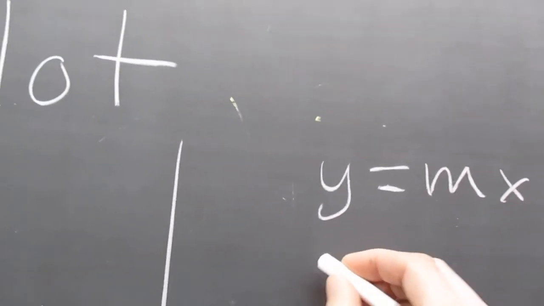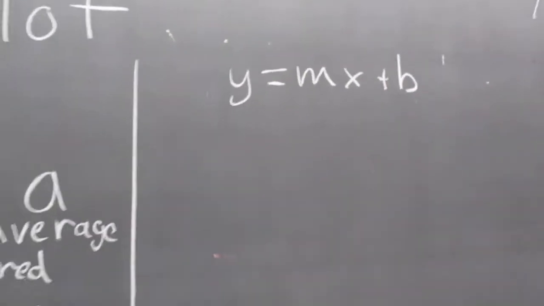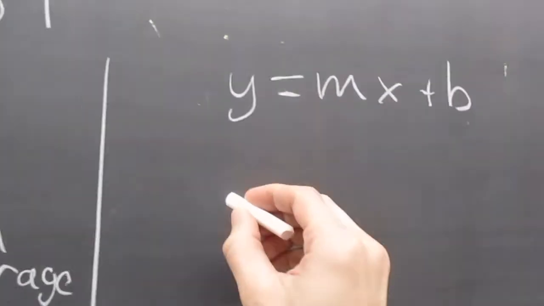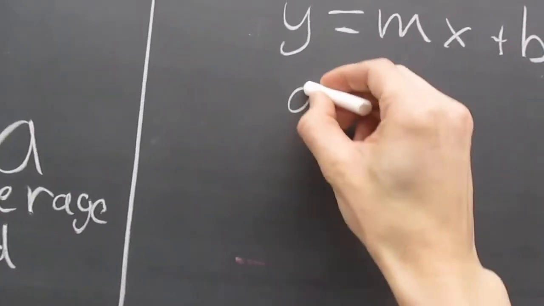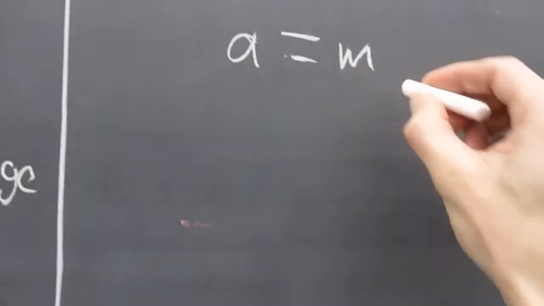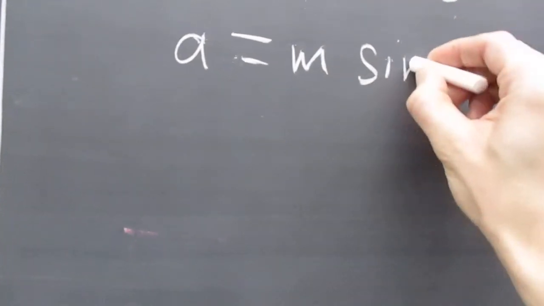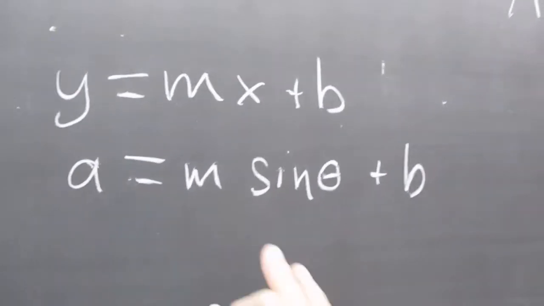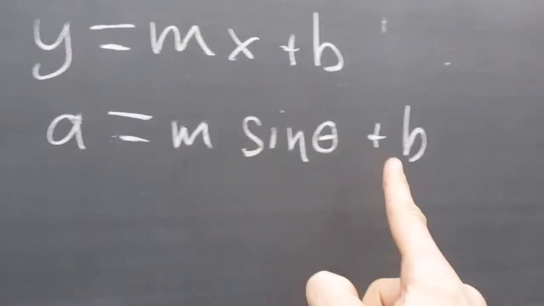Really, our y-axis is acceleration, and our x-axis is sine of theta. So this is another way to rewrite this. And once you plot it in Excel, you'll have numbers for your slope and your y-intercept.